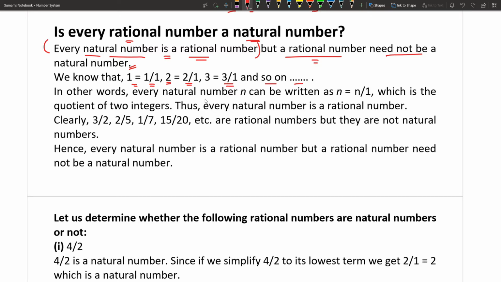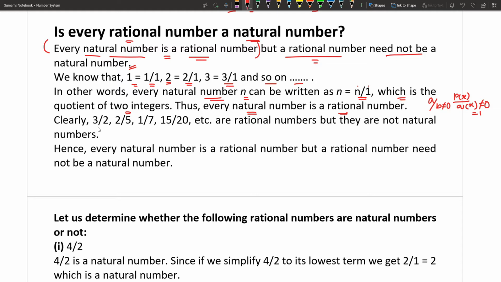In other words, every natural number n can be written as n upon 1, which is the quotient of two integers, where the numerator is n and 1 is the denominator. So every natural number is a rational number, and we can denote it using the form a by b, where b is not equal to 0, particularly 1.